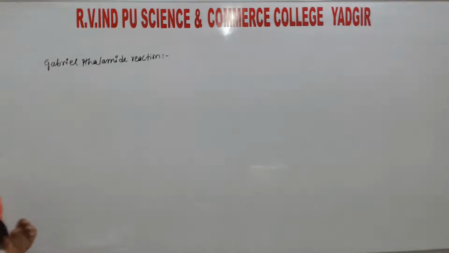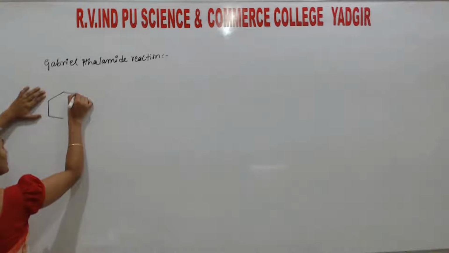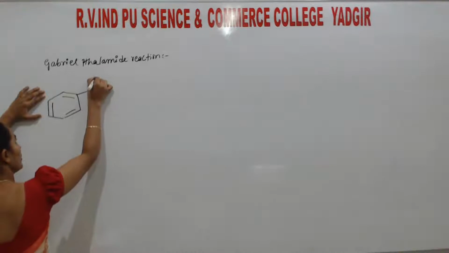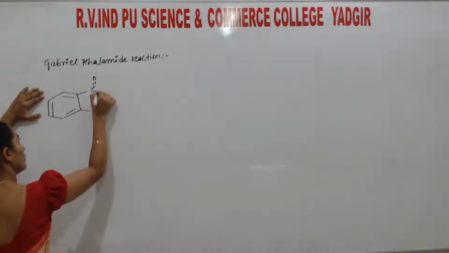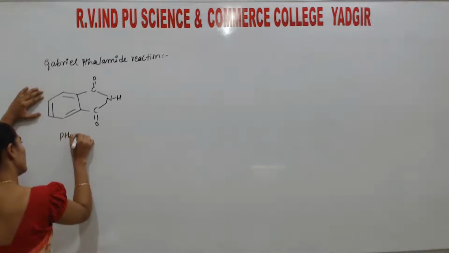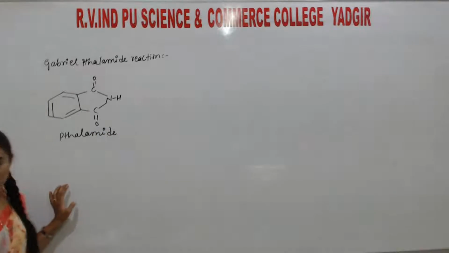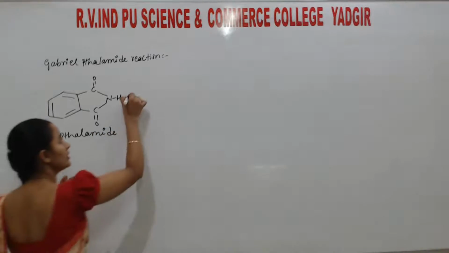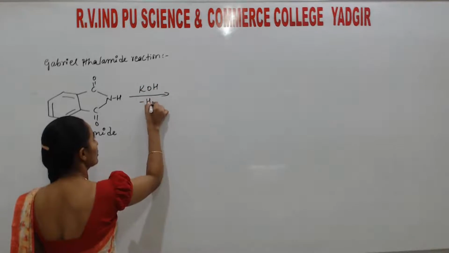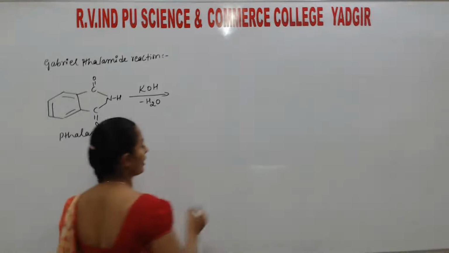In this reaction, we are going to take phthalimide as the example reagent here. C double bond O, C double bond O, NH. So this is phthalimide. Students, this phthalimide is treated with KOH. Then a water molecule is removed, OH from here, H from here. So then what happens?